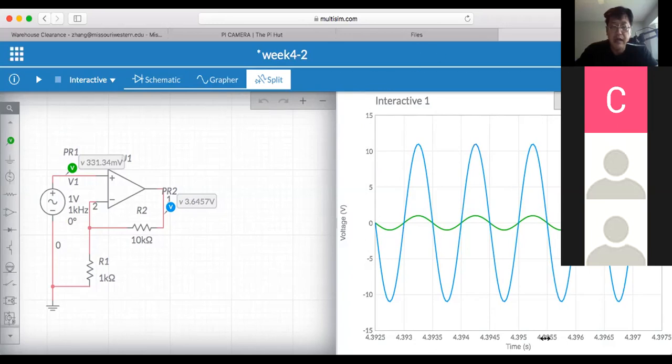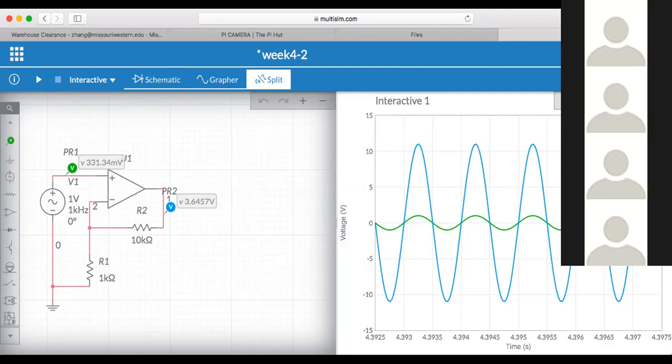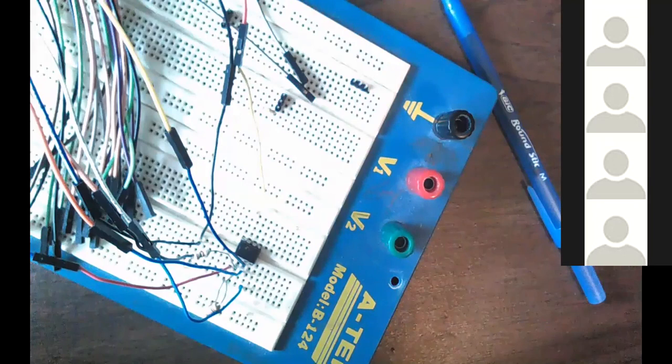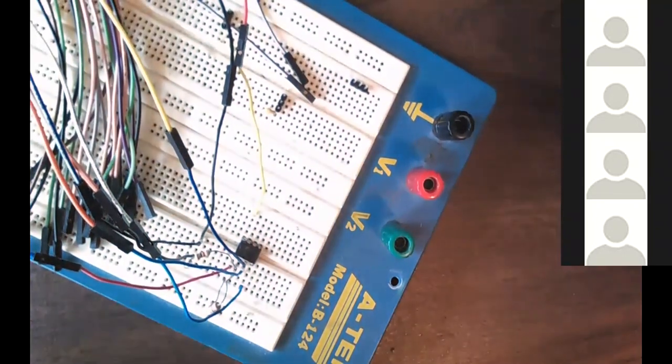So now I will stop this and we will change over to the real op amps. So let me change my camera again. This is a real op amp.